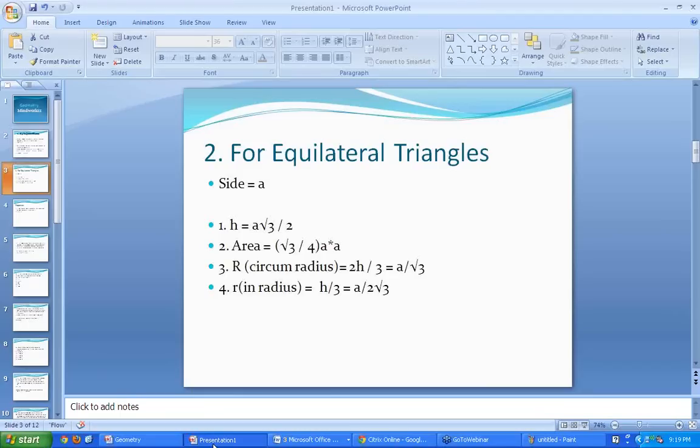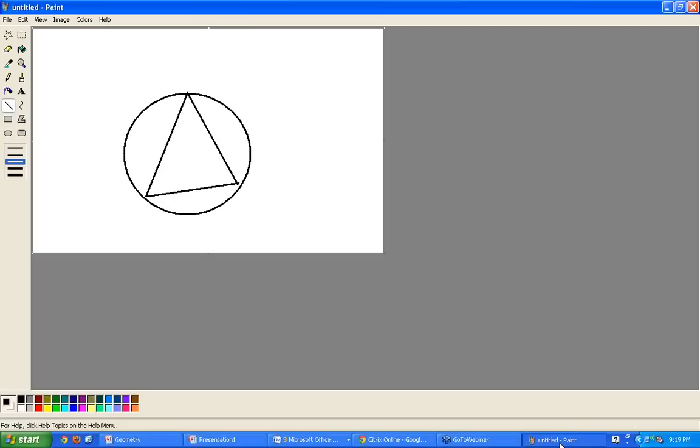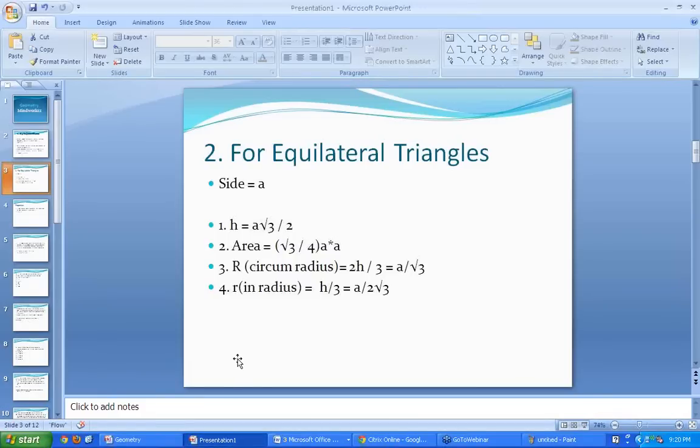In radius would be h by 3 or a by 2 root 3. So in radius is half of circumradius. You can draw figures and check it for yourself. In radius will always be half of circumradius. So these four formulas should be clear to you.